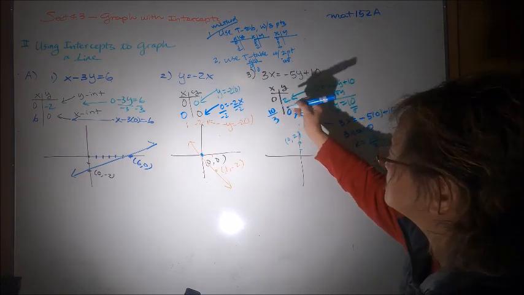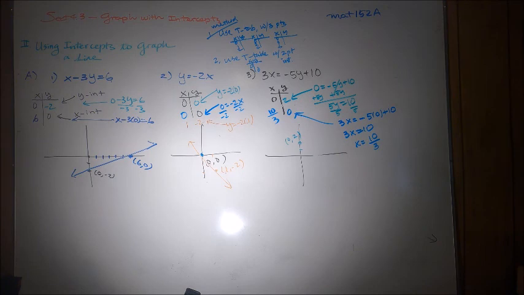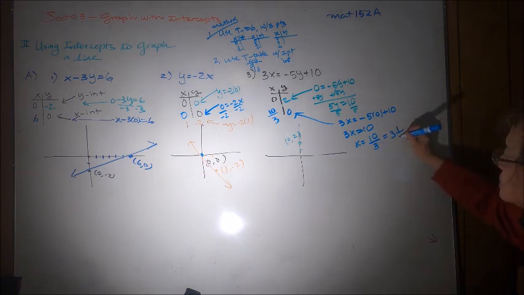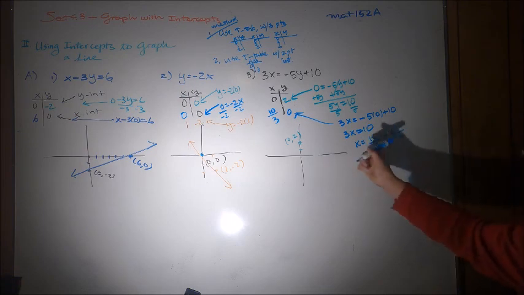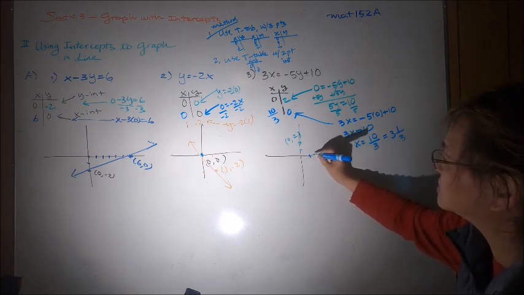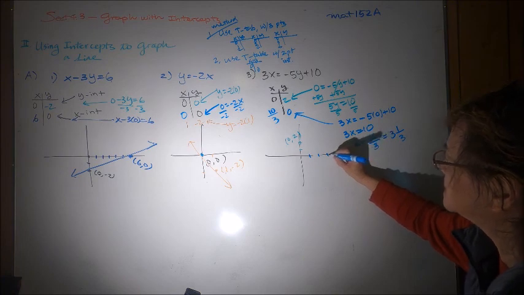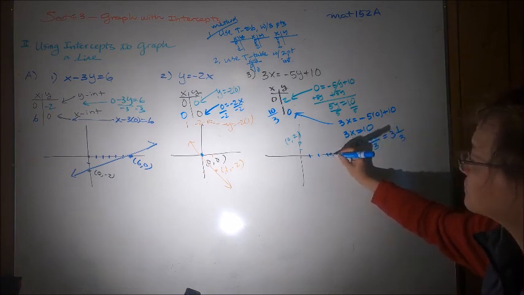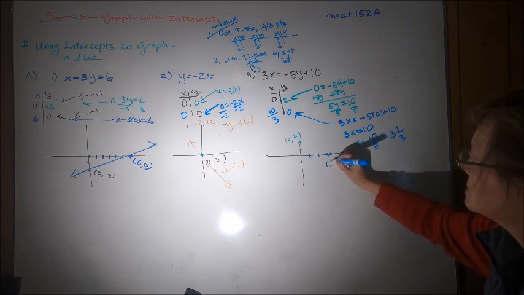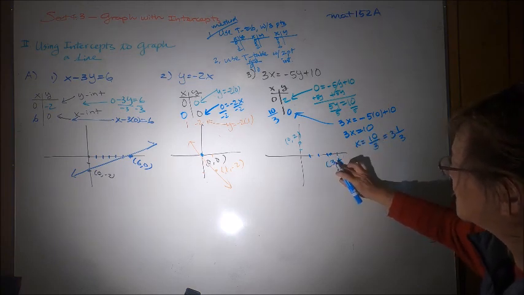Where is your 10/3? You need to change what? The improper fraction to a mixed number to be able to tell. Okay? So you need 3 and 1/3. You pass the 3 and a little bit more. So if we work on paper, we can tell where it is. So that would be 3 1/3, right?